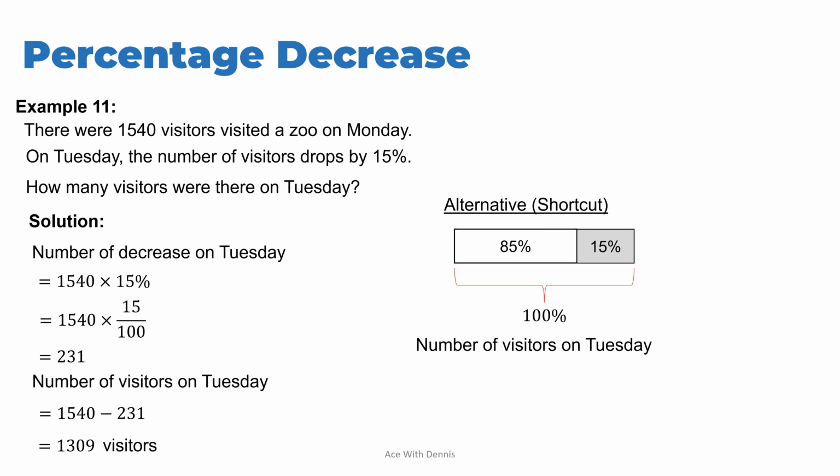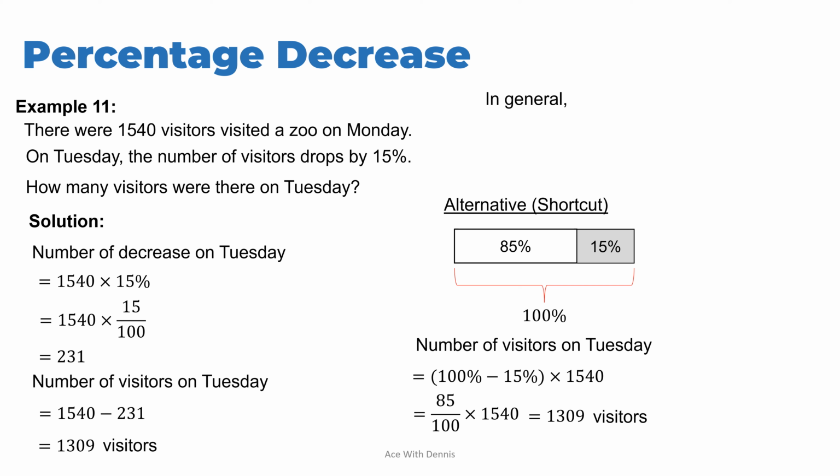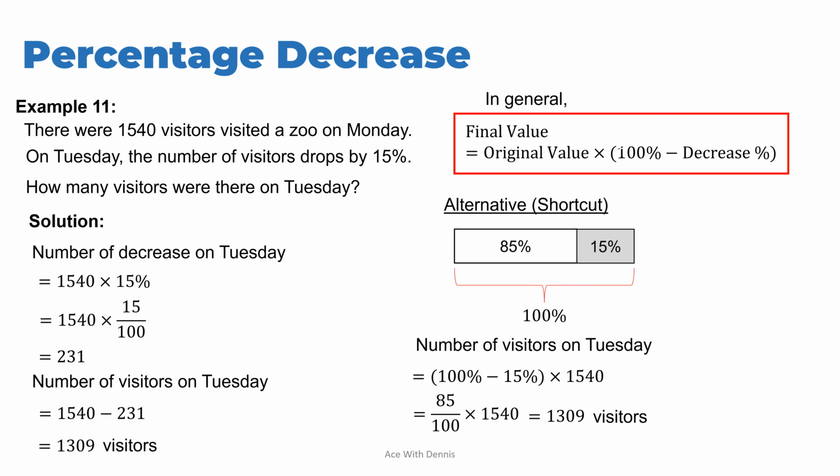So the number of visitors on Tuesday, we can directly find, which is 100% minus 15% times 1,540. We get 85 over 100 times 1,540, and the answer is 1,309 visitors. So in general, the final value equals original value times 100% minus decrease percentage.